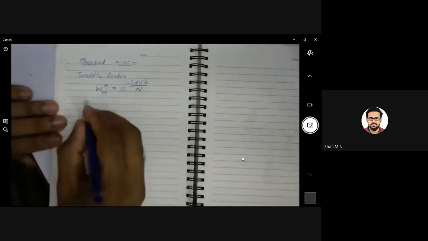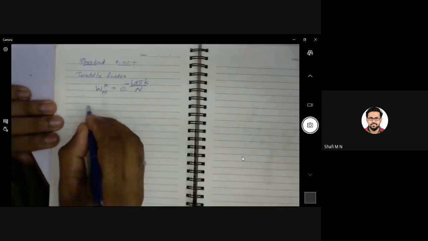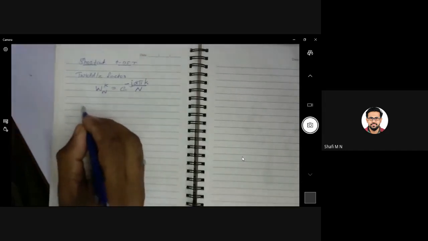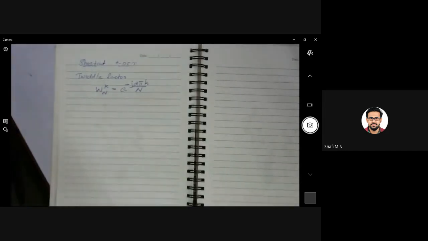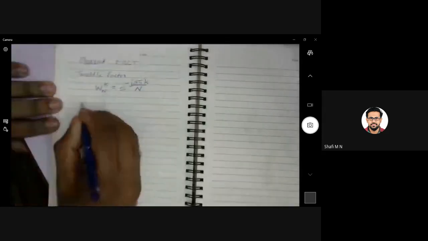So this is the matrix that you are going to use to find a 4-point DFT. The pattern goes like this.